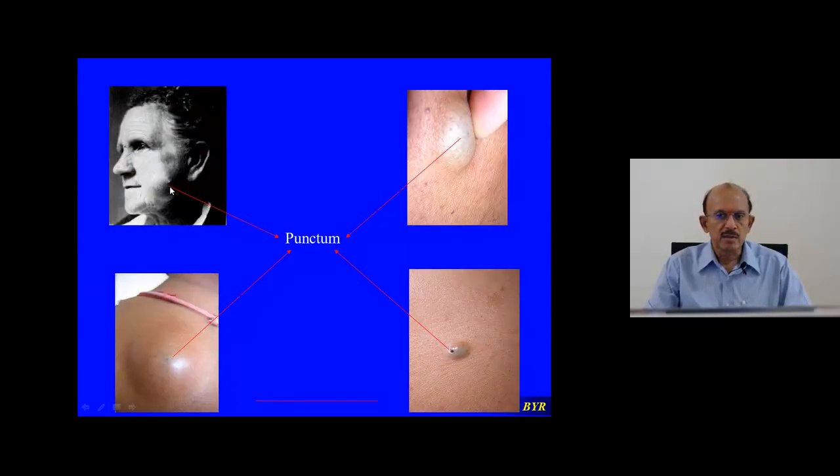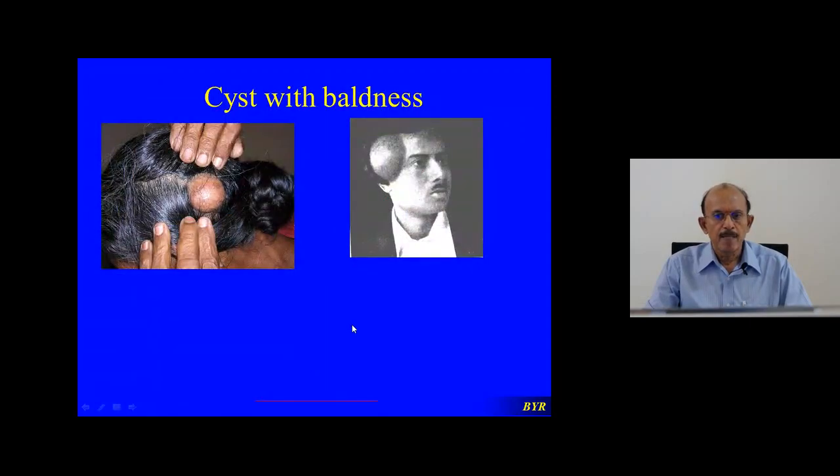So this is the punctum here, and here the punctum. Sometimes the punctum may be large like this. Sebaceous cyst on the scalp: the characteristic feature is they do not have hair over that. So there will be baldness over the swelling.